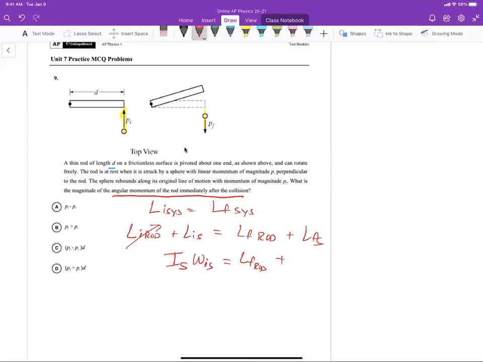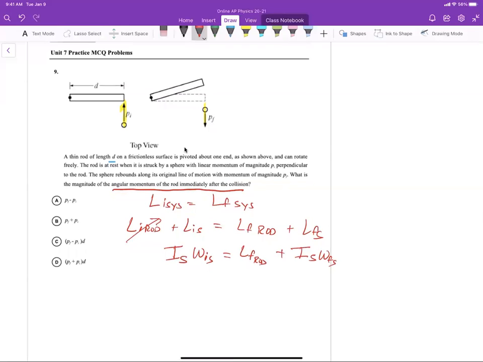And then what is the final angular momentum of the sphere? Again, it's the rotational inertia of the sphere times its final angular velocity. This sphere can be thought of as a point particle.